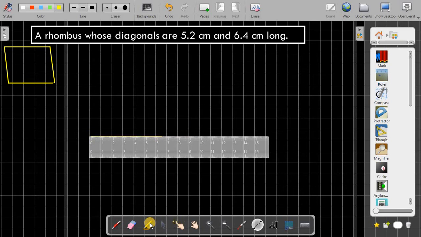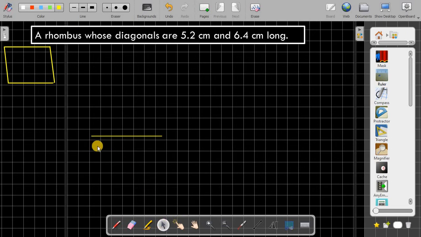Once it is done, there is no need of the ruler, and now the first diagonal is ready, that is 6.4 centimeter. You can write the distance, which is 6.4 centimeter long. Later on you can give the name also.